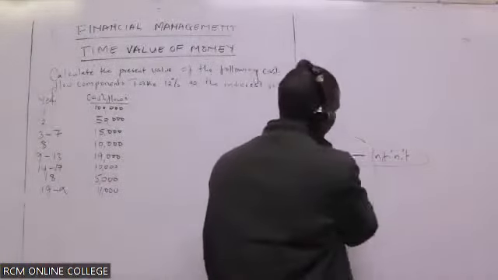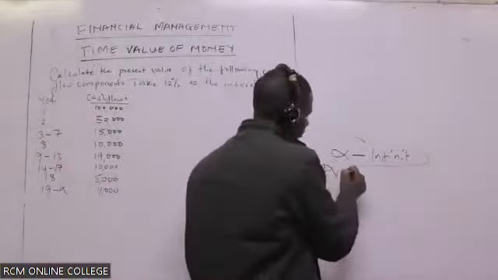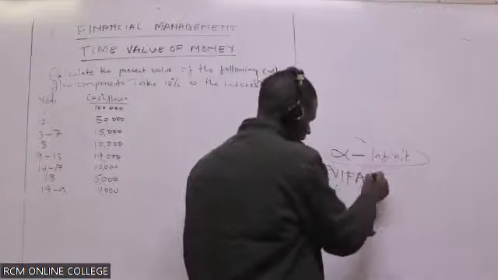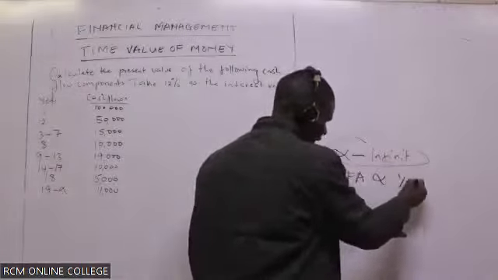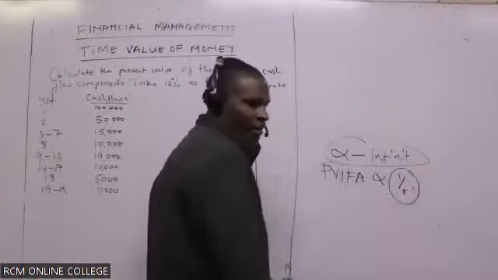We have up to infinite. And to get the present value interest factor of annuity of an infinite, we say it's 1 over R. Please write that down.